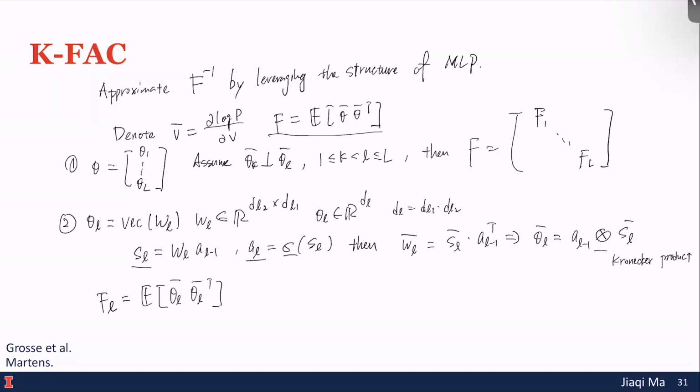So FL is one block of the F corresponding to layer L. And by some simple algebra, this equals AL minus 1, AL minus 1 transpose, Kronecker product, SL bar, SL bar transpose.